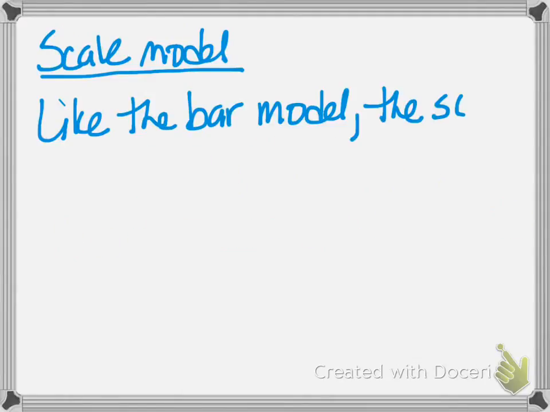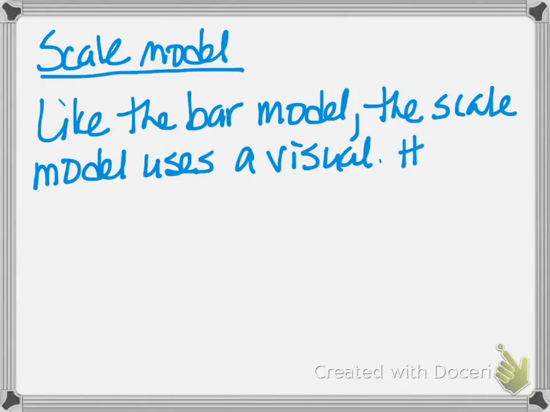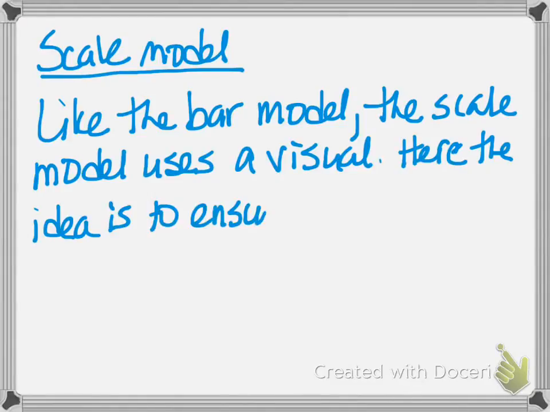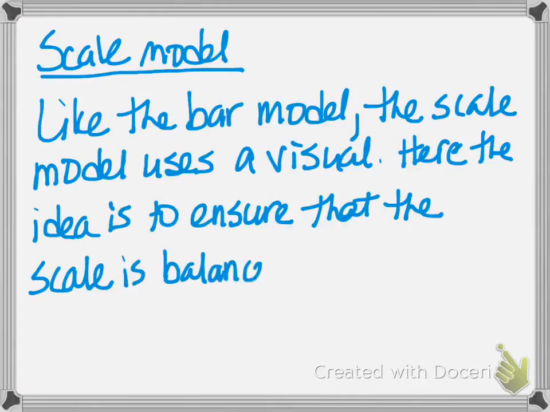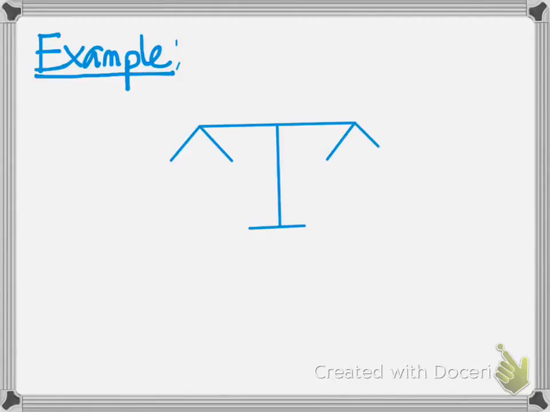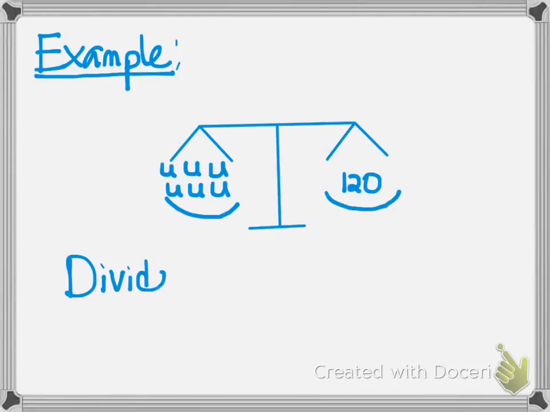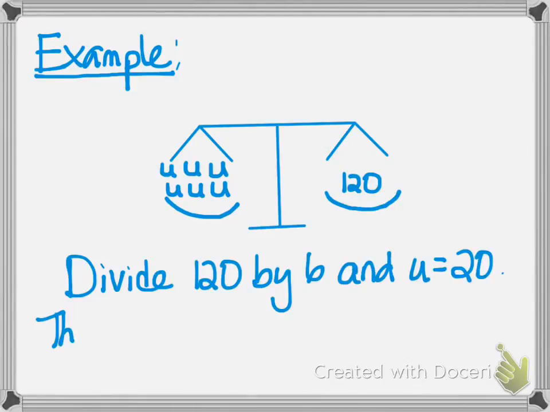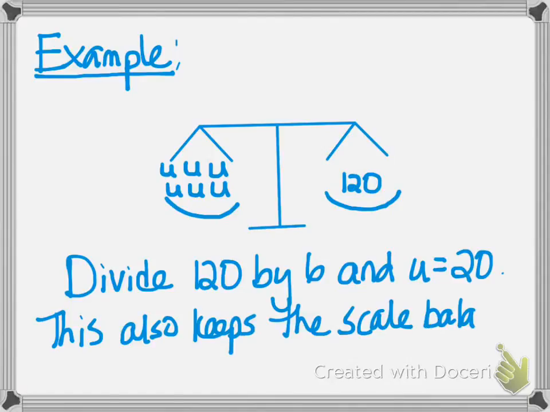Here's a scale model of the exact same equation. Like the bar model, it uses a visual to help you solve the equation. The main idea behind scale models is that you are trying to keep your equation balanced. On the right-hand side, you have 120, and on the left-hand side, there are 6 u's.